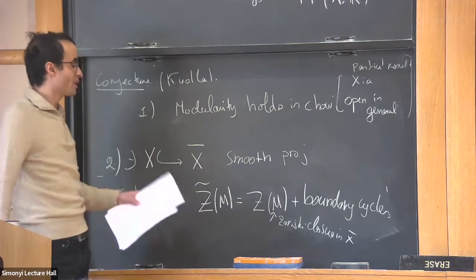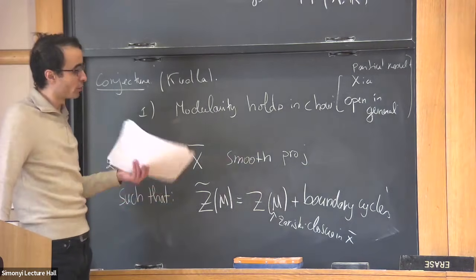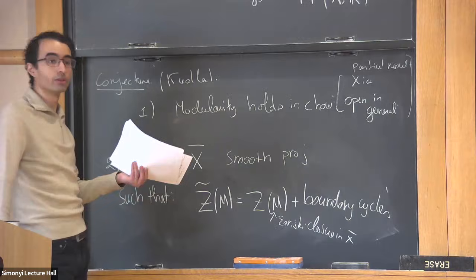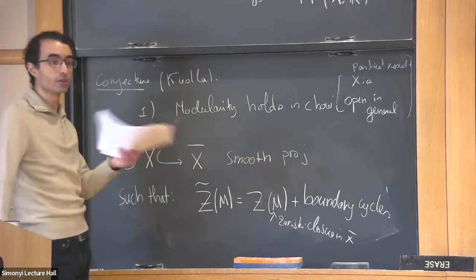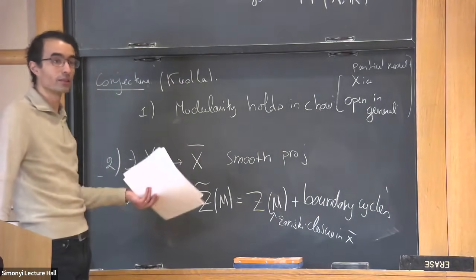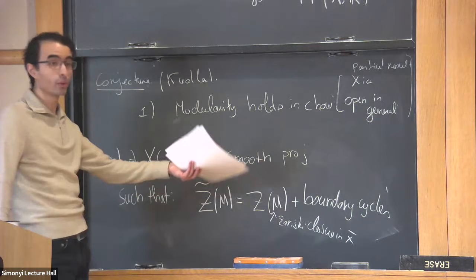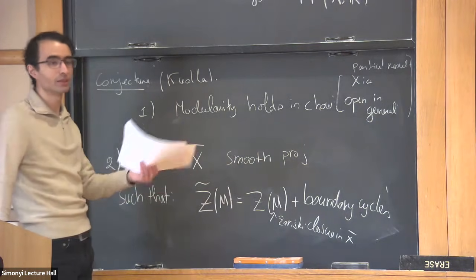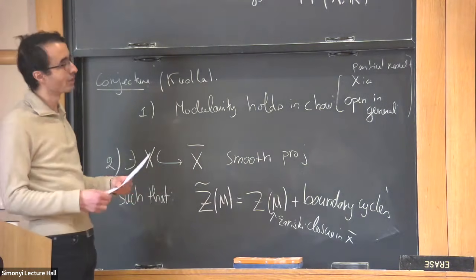I mean, there's definitely something happening with the decomposition of the cohomology of the unitary Shimura variety into the cuspidal and the Eisenstein part that should see what these boundary cycles are, but that's something I myself don't understand very well.